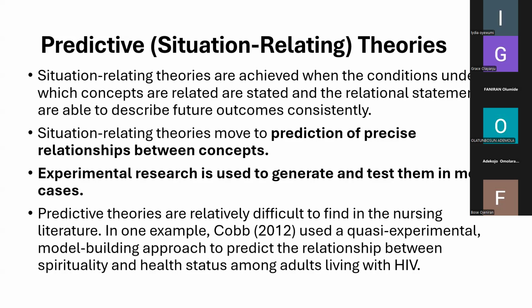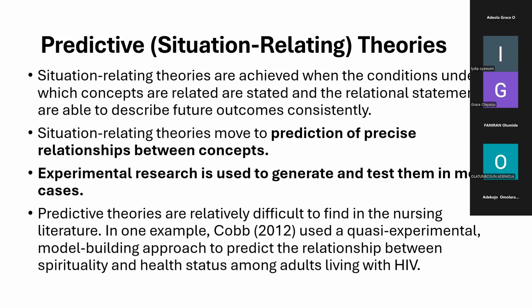Okay, so by the time I'm done and I'm creating a theory from it, it's going to be a predictive theory, which says, depending on my results, that those with insurance are more likely to go for screening than those without insurance. Even though at this level it is more of an assumption or a proposition, when I test them, it may be a prediction. And so the theory that comes out from it will become a predictive theory.